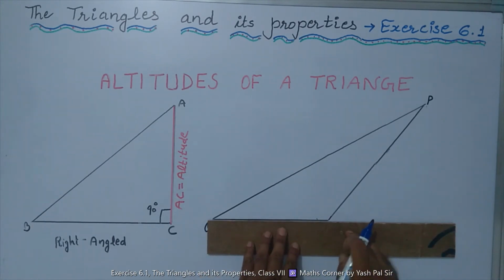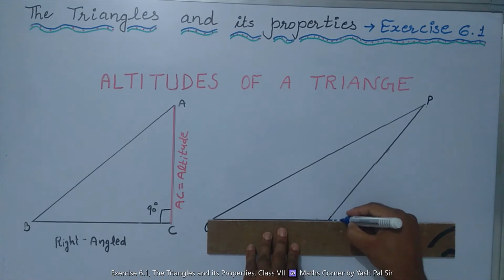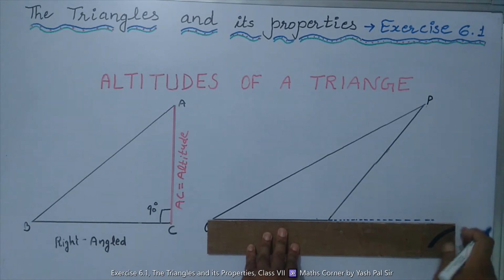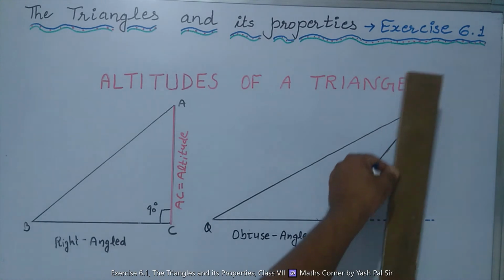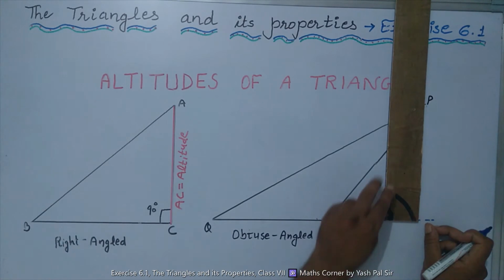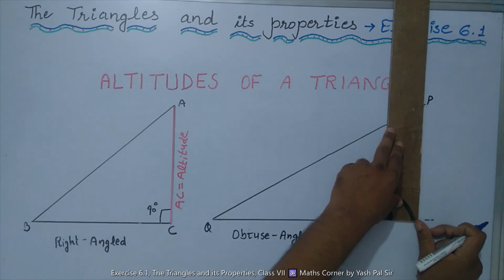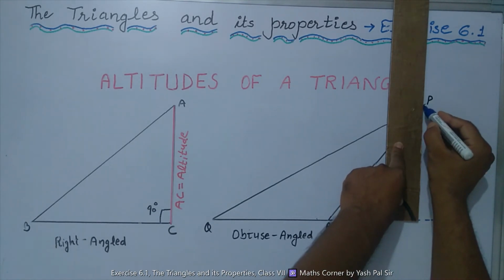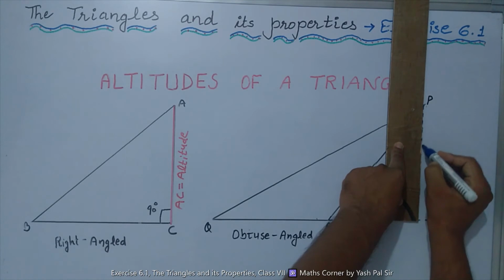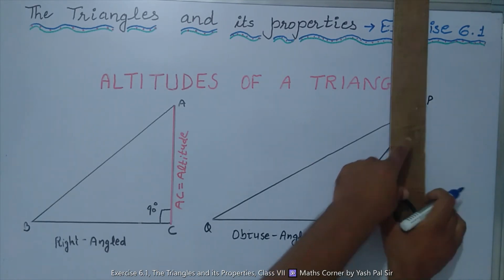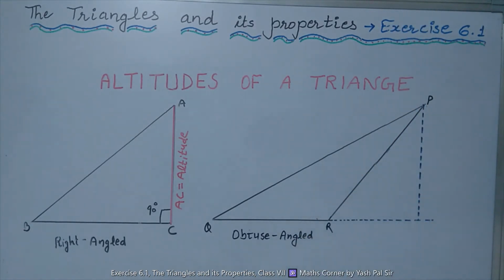From here we extend the side this way, a dotted line is extended, right. Now from P we draw the perpendicular. Perpendicular means 90-degree, right.